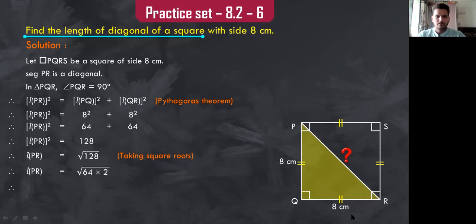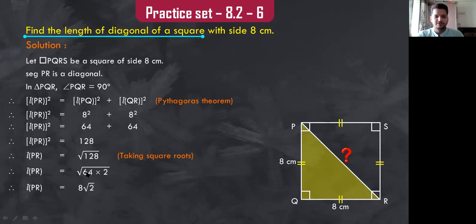The square root of 64 is 8. Correct. So the square root of 64 is 8. The remaining part of root 2 will come down as it is as root 2. Okay, I'll repeat once again.